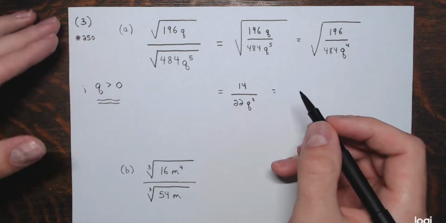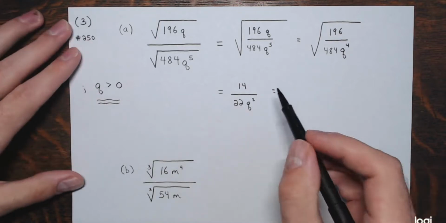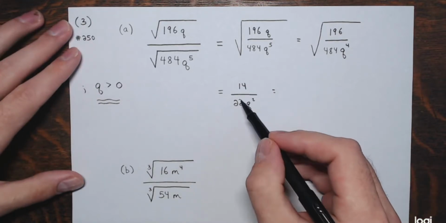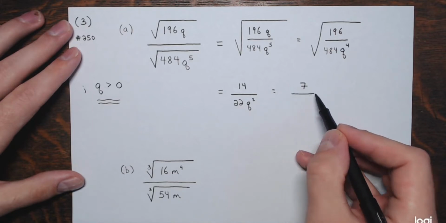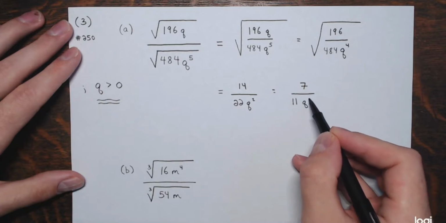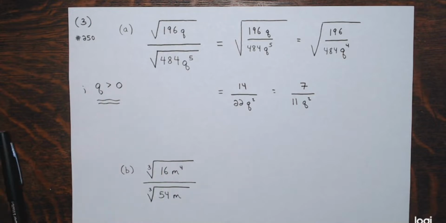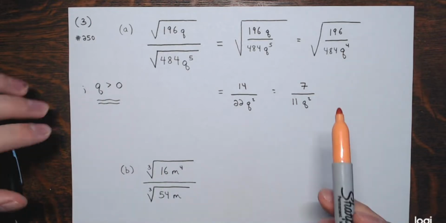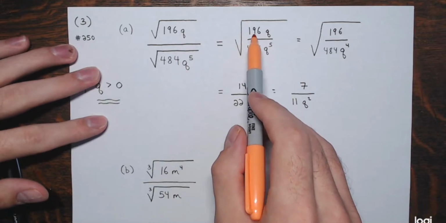You can simplify early, you can simplify late, as long as you end up simplifying the fraction, right? 14 and 22 have 2 in common. You cancel those out, you end up with 7 divided by 11. Right? So 7 in the numerator and then 11q squared in the denominator. Now, like I said, you could have simplified earlier. This is 4 times 49.